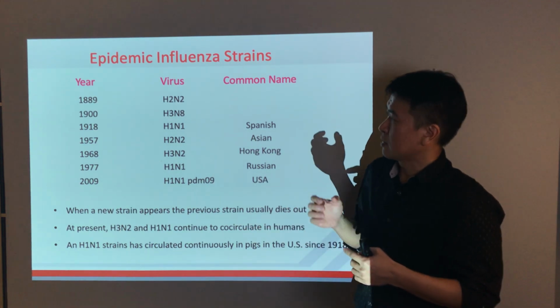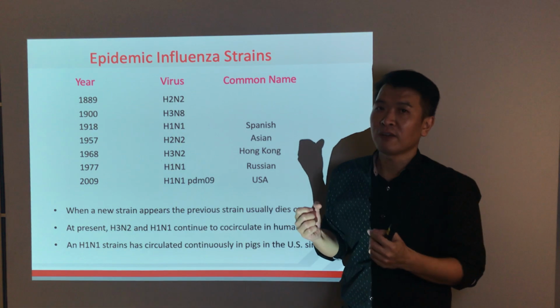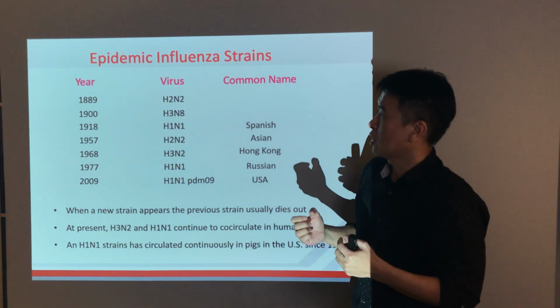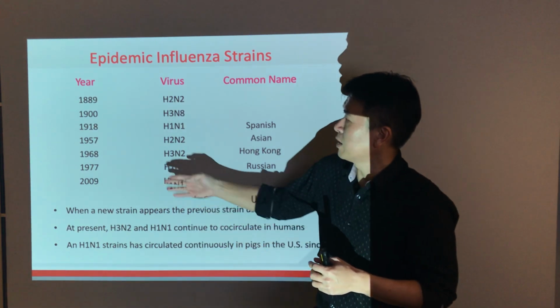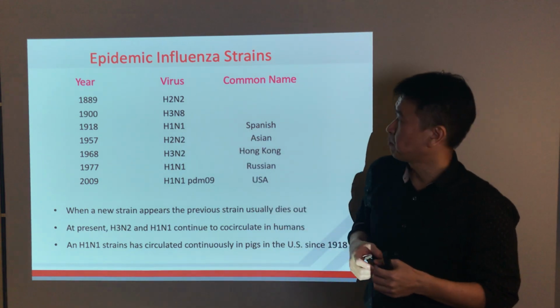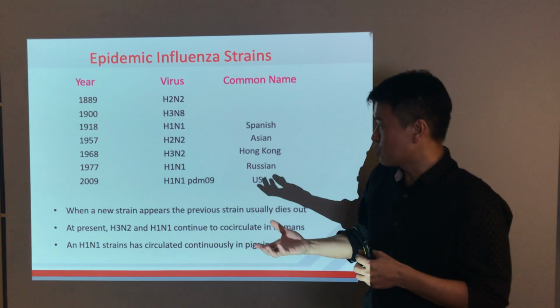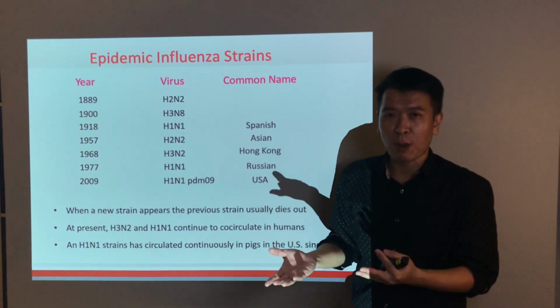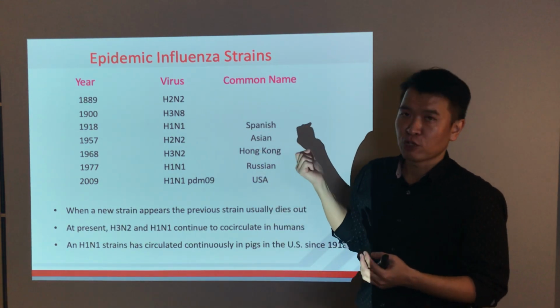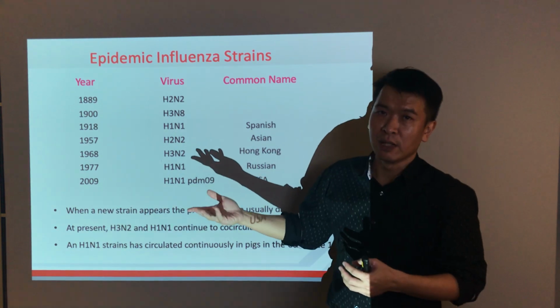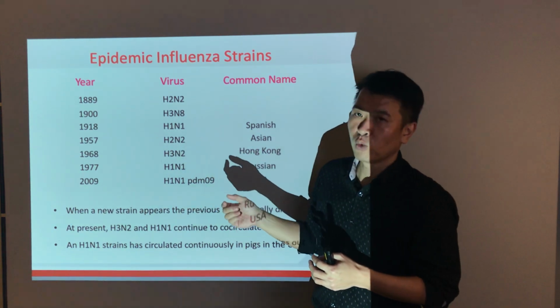I think the one that caused the most significant pandemic in human history is H1N1. I would strongly urge you to go to the CDC website and search for Spanish flu, and you can learn more about how the Spanish flu occurred.